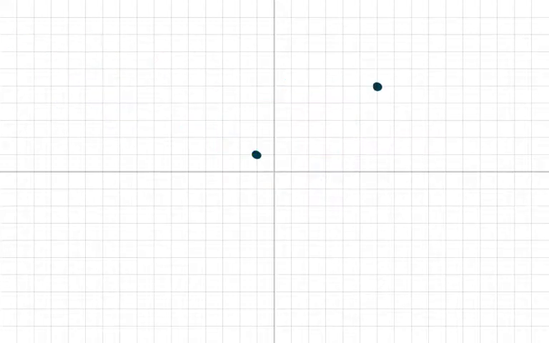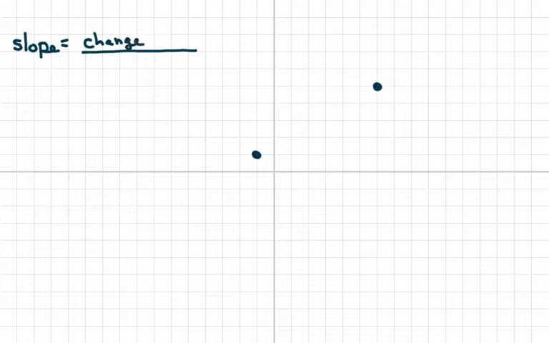So pause the video, look at these 2 points, and calculate the slope between those 2 points. Change in y over change in x.